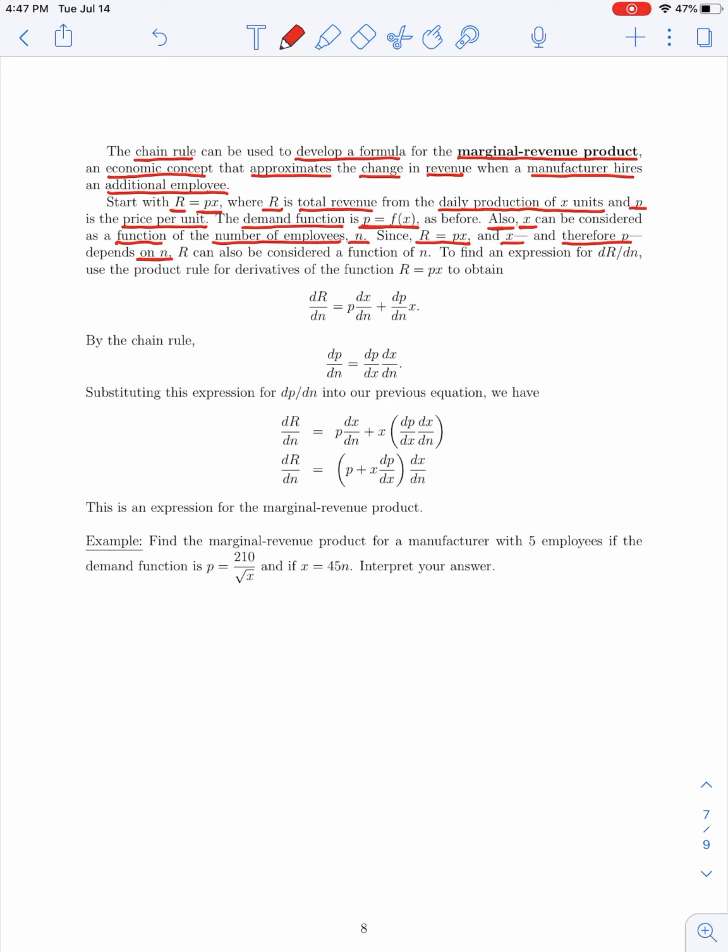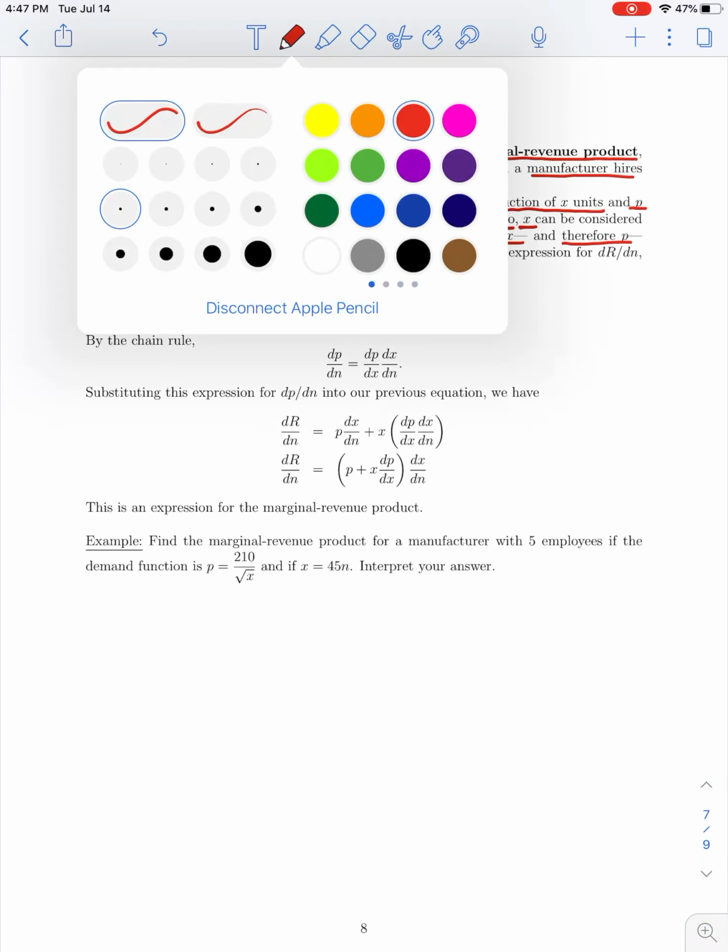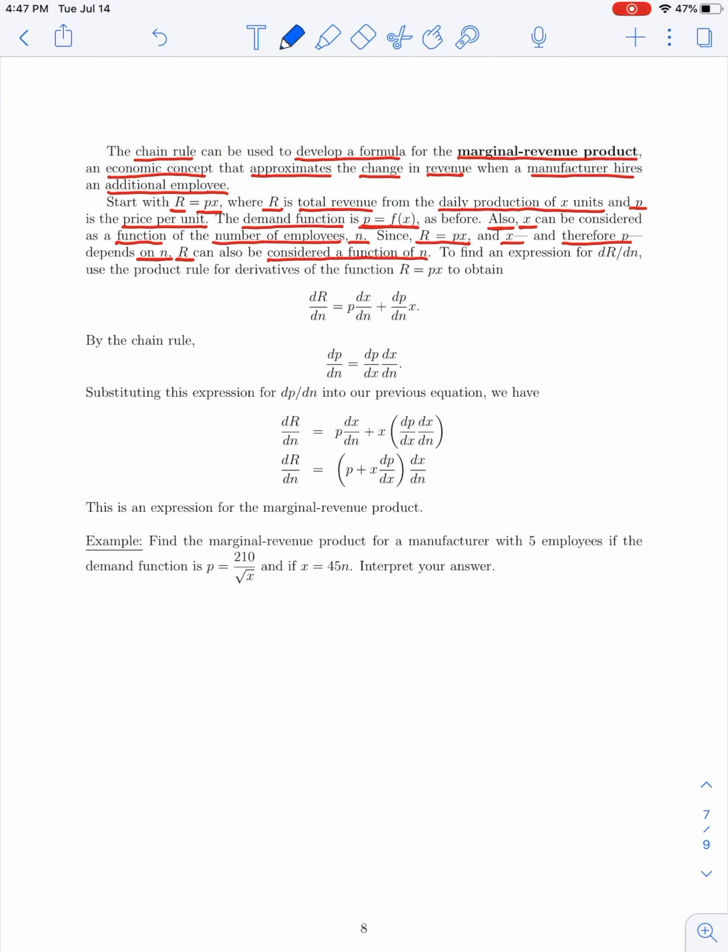So since price was dependent on X, and X was dependent on the number of employees, that means price is dependent on the number of employees. And therefore we can consider R, the revenue, as a function of the number of employees. So the question of interest is, what would be the rate at which our revenue changes, that is the derivative of revenue, with respect to a change in the number of employees.